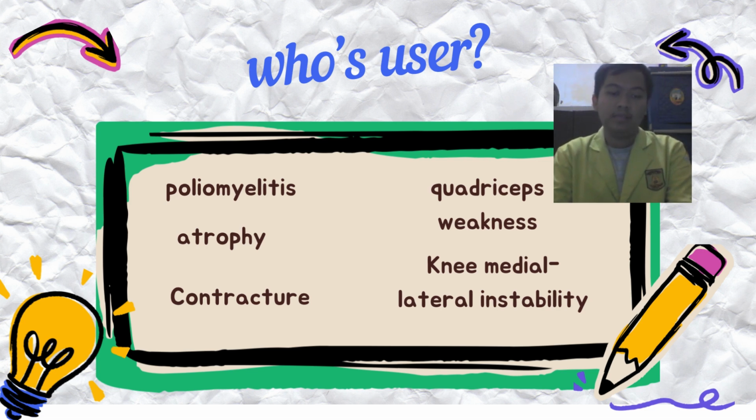Medial and lateral knee instability can also be caused by quadriceps weakness, injury, accident, or trauma to the ligament, creating instability during walking. So as a P&O, or prosthetist and orthotist, we can prescribe this device, the knee ankle foot orthosis.